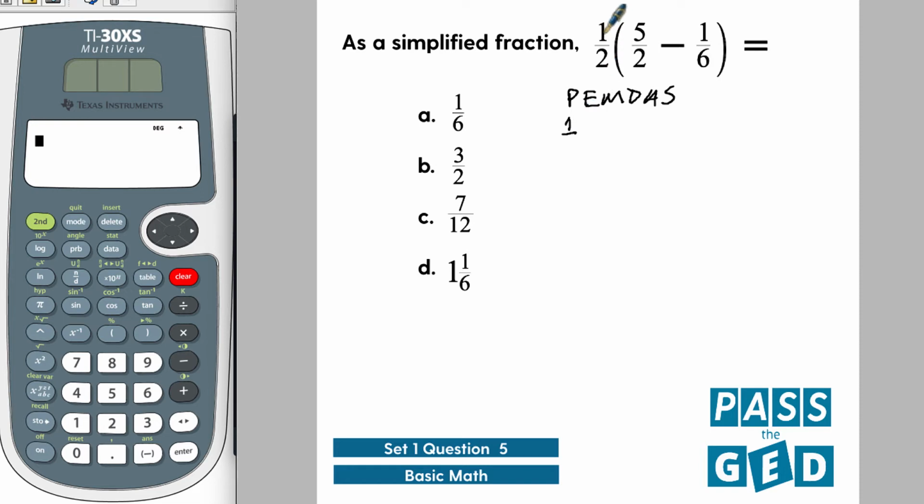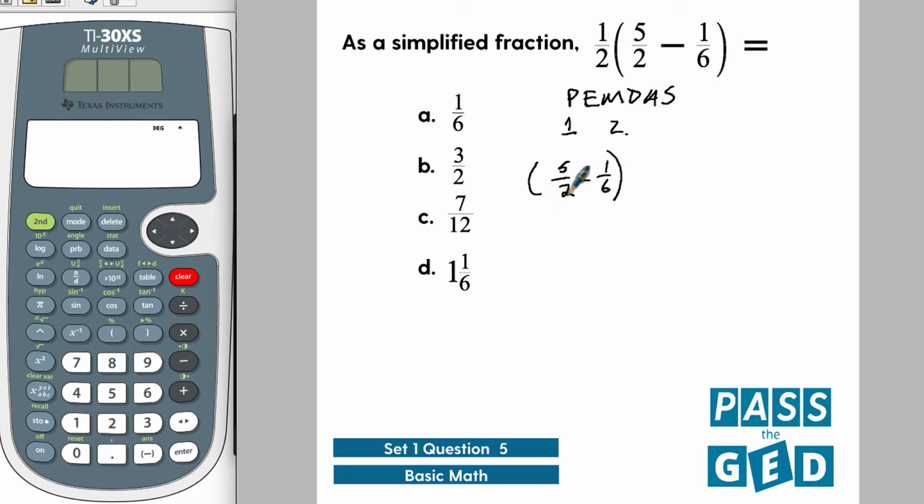And then this on the outside of the parentheses represents multiplication, so we'll do that second. So we need to tackle these parentheses first. Inside the parentheses, we have 5 over 2 minus 1 over 6.